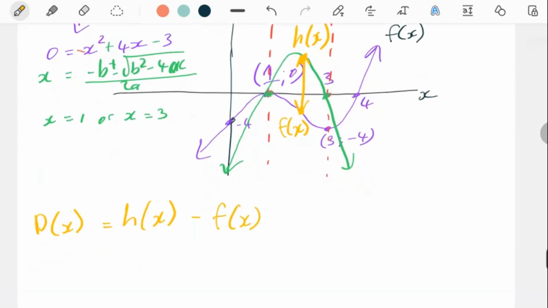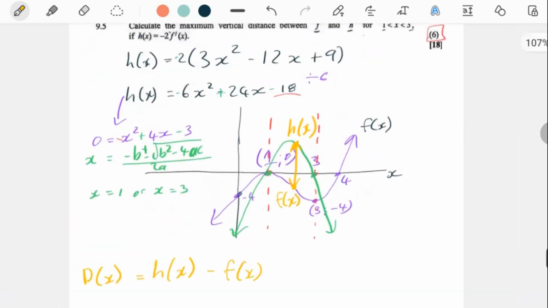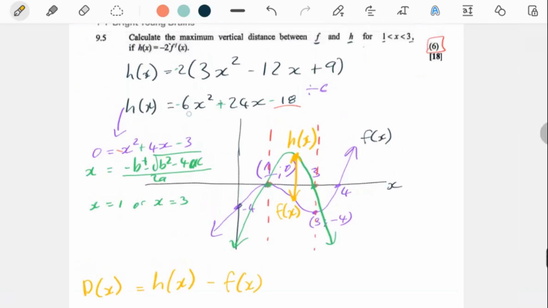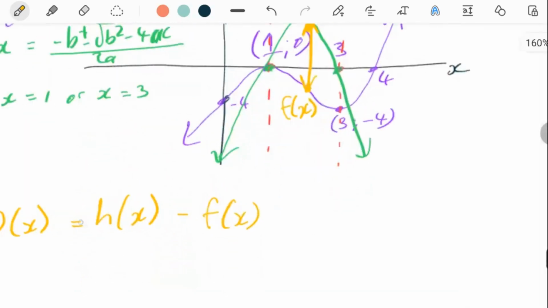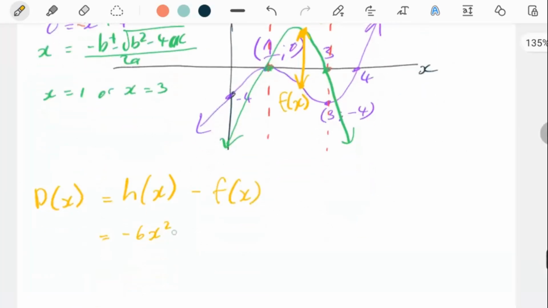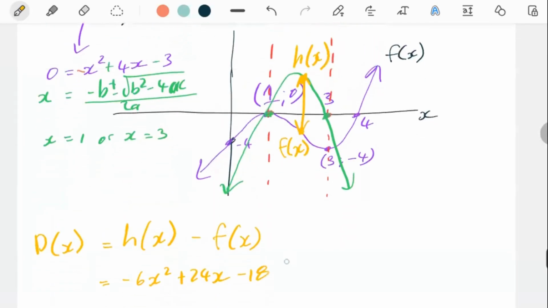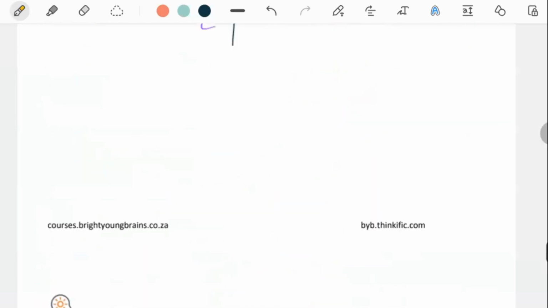So with the equation of h, we are going to take this one here: -6x squared plus 24x minus 18, and then we're subtracting f of x.